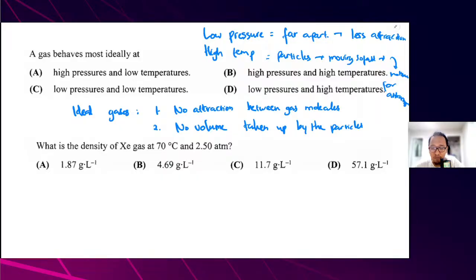And if we have high temperature, the particles will be moving so fast that there is not enough time for the particles to attract each other. So this is the key of the ideal case.